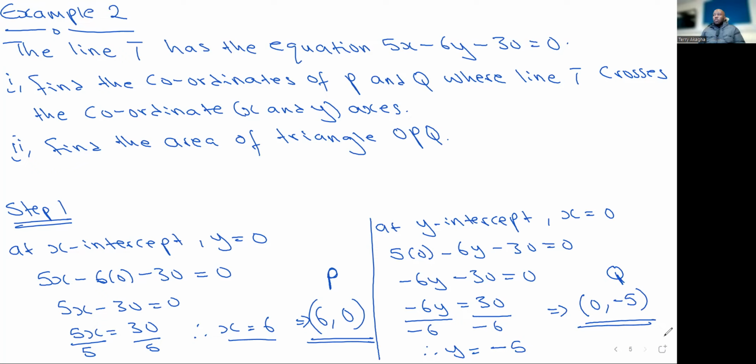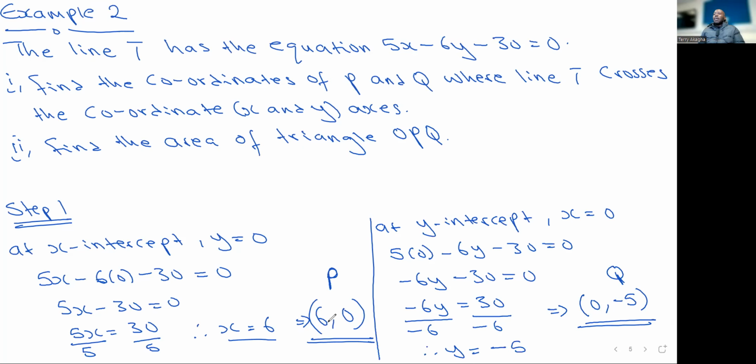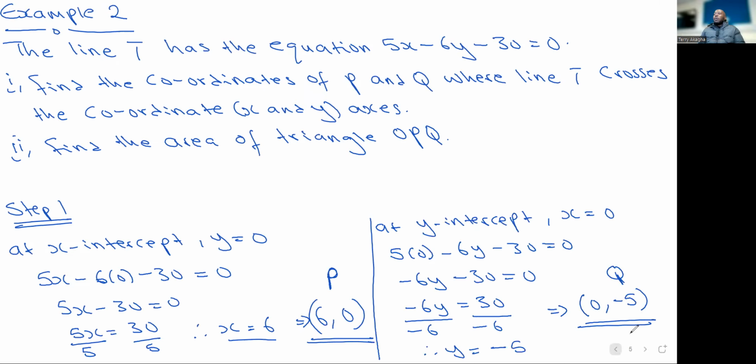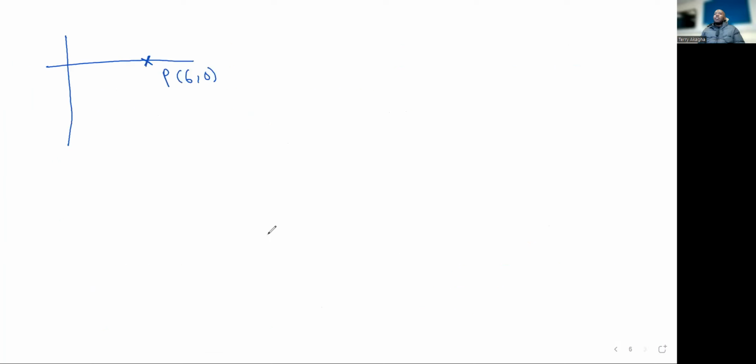All right? So now we can draw the graph to see how it looks. The first one, we have point P. Point P is at 6 and 0. X is 6, y is 0, so it's going to be somewhere here, positive. Then point Q, 0 and minus 5. So x is 0, y is minus 5.